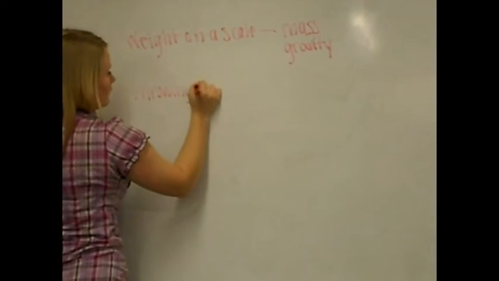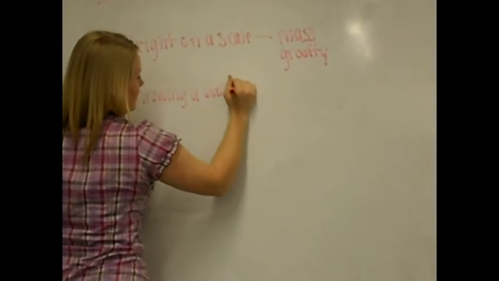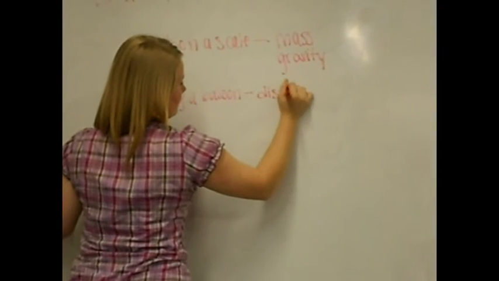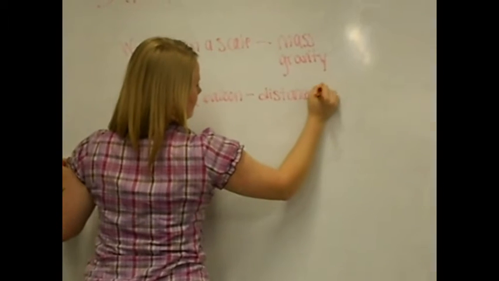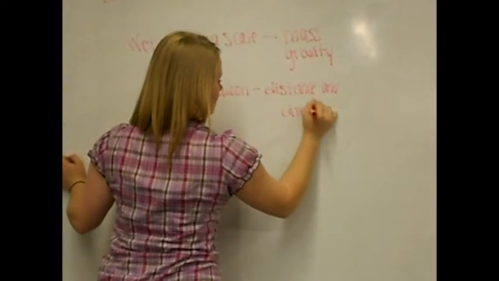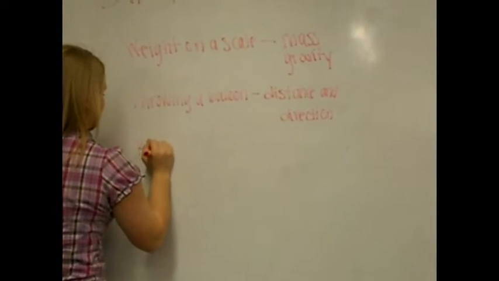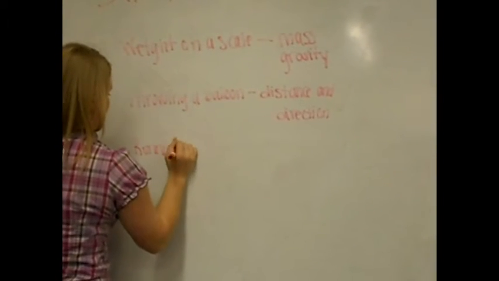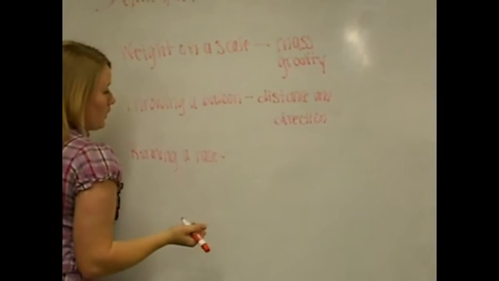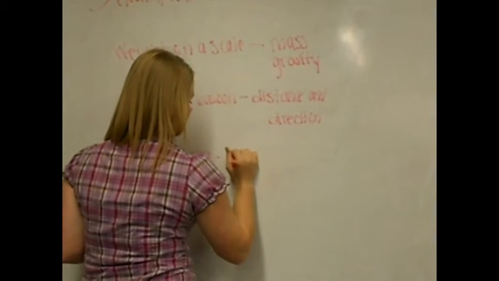Throwing a balloon is an example of a vector quantity because it has distance and direction. Running a race is an example of a vector quantity because it is a measured distance and a given direction.